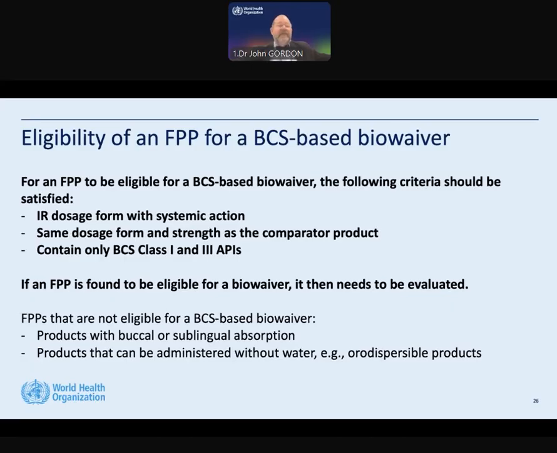That's the starting point. If you're looking at a BCS-based biowaiver, the two products being compared have to be the same dosage form and have the same strength. And finally, an FPP for consideration for a BCS-based biowaiver can only contain BCS Class 1 and Class 3 APIs, or a combination of those.